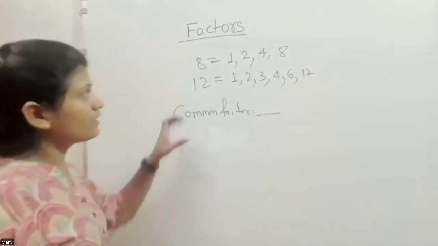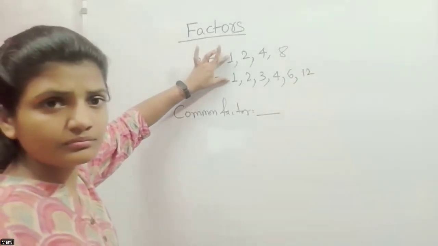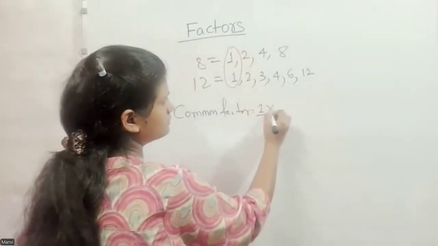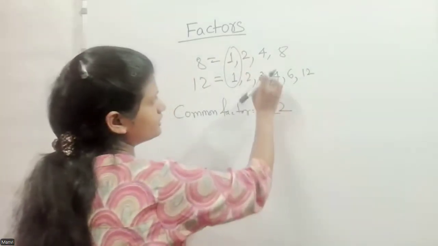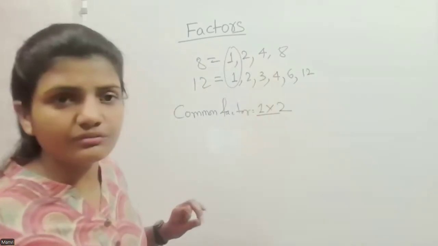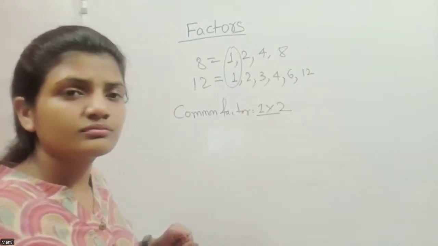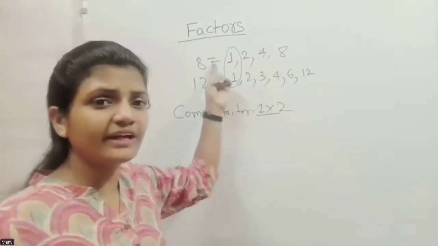Now you need to think what is common in between. First, 1 is common. Then 2 is also common. Is 3 common between 8 and 12? Jessica, please think carefully.